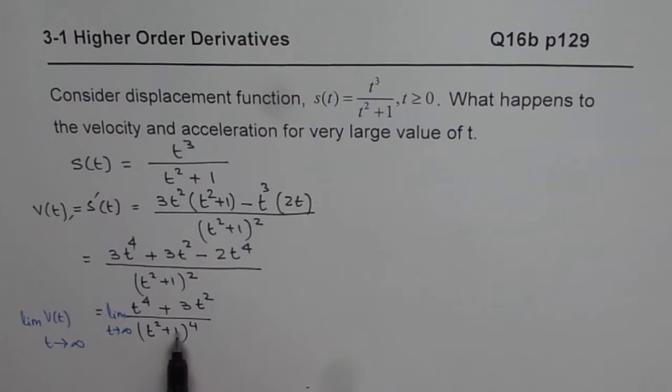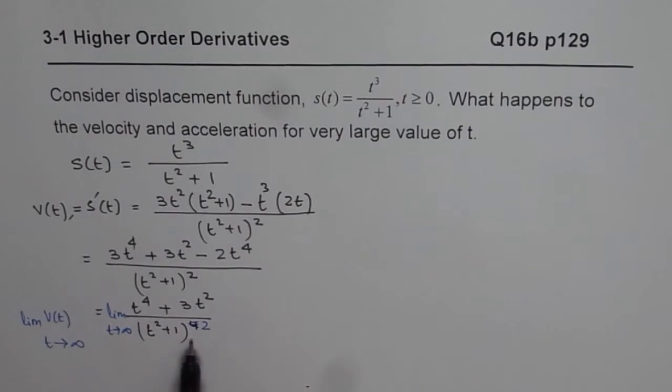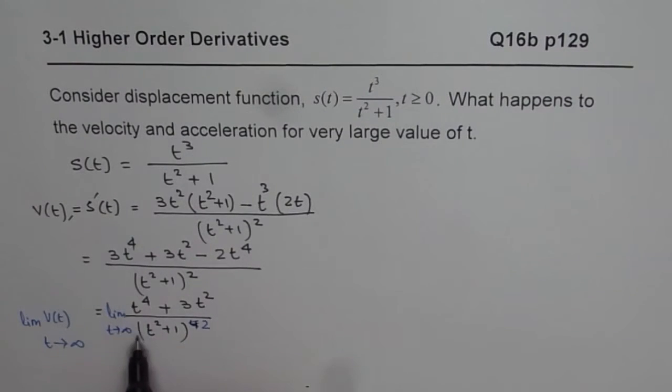Now as you can see here, the degree of the numerator is t to the power of 4, and for the denominator it is also t to the power of 4, right? The same degrees for numerator and denominator, and therefore it is the ratio of the leading coefficients.